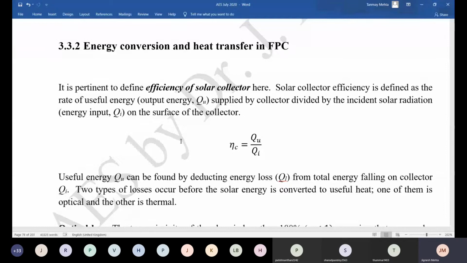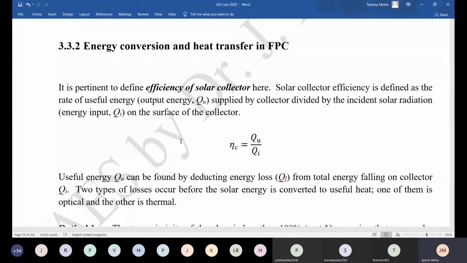And a solar water heater is a very common example of a flat plate collector, and we tried to understand different components and functioning of this type of collector with the help of the diagram, the exploded view, two-dimensional sectional view of a flat plate collector.